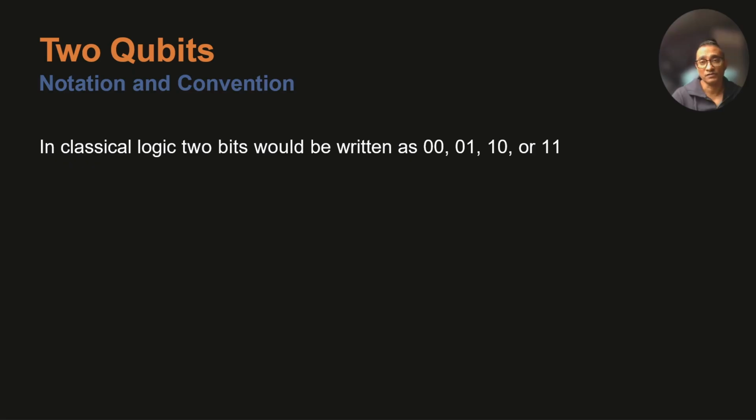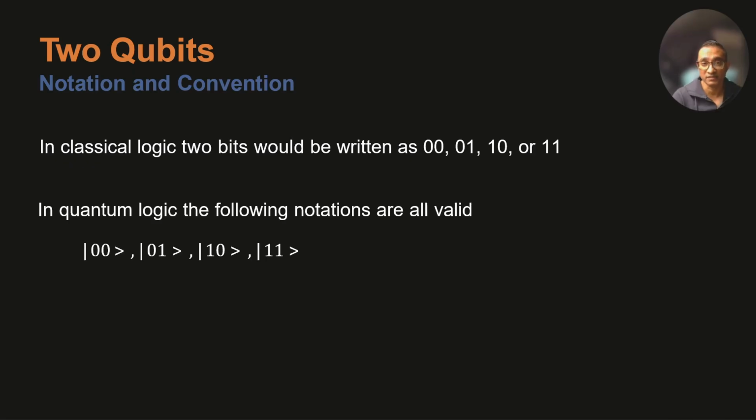Just as in classical computing, which is represented by bits, 2 bits will represent 4 states: 0 0, 0 1, 1 0, and 1 1, that is 2 raised to the power 2, 4 states. A similar logic can be applied to qubits as well.